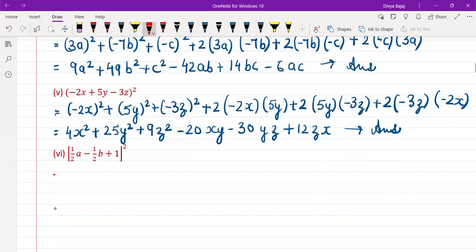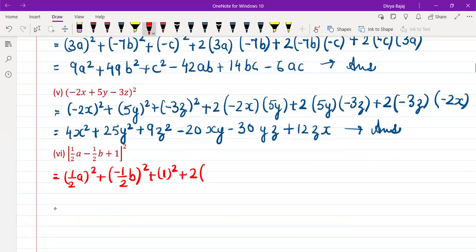So I'm going to apply the identity. A square means 1 by 2 of a square, plus b square, which is minus 1 by 2 of b square, plus c square, which is 1 square, plus 2ab.